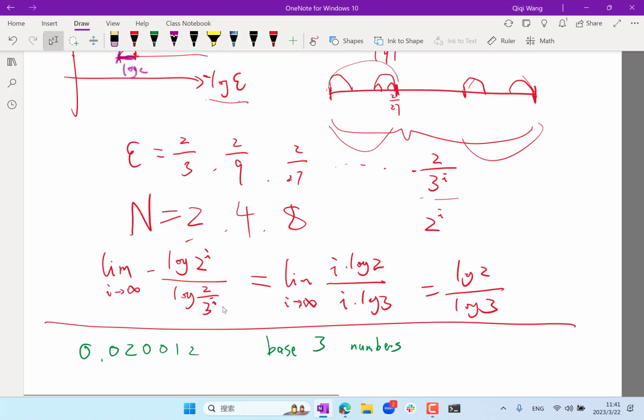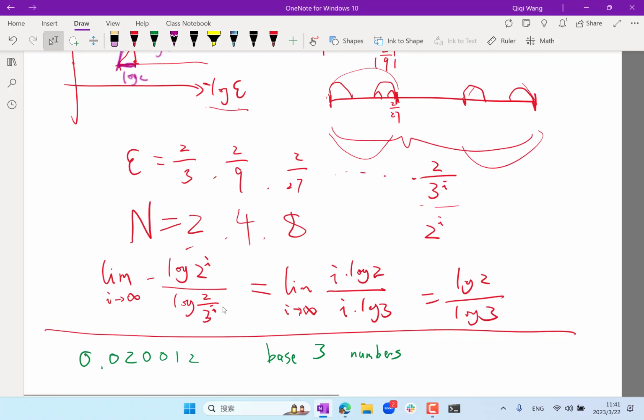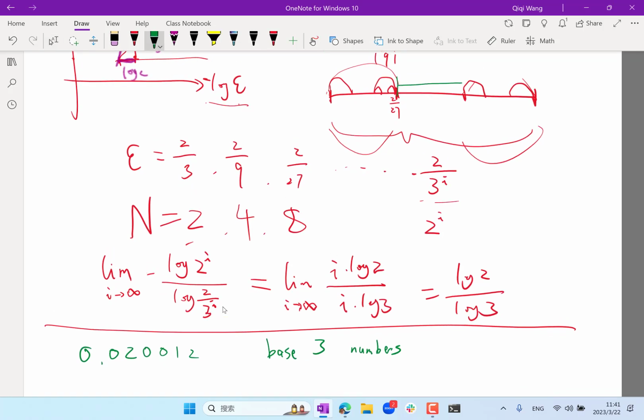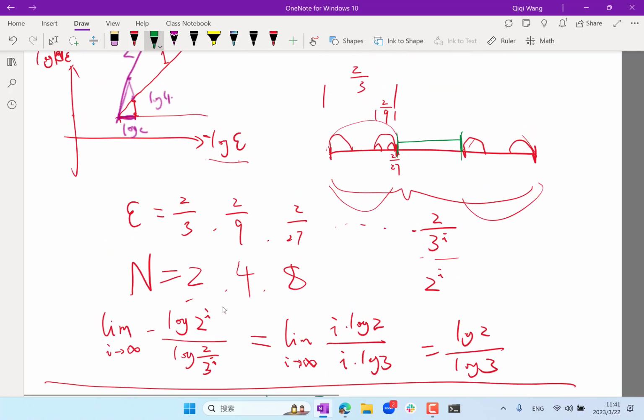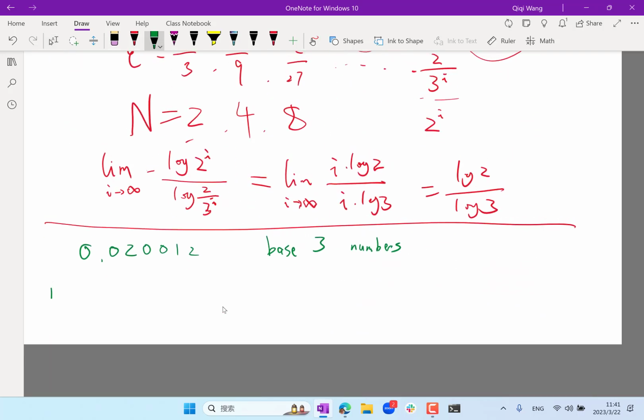So what do I mean by not allowing the digit 1? Let's say, instead of looking at the domain from 0 to 2, let's look at the domain from 0 to 1. The whole region that lies between 1/3 and 2/3 is the number 0.1 something. So if you do not allow the digit 1 to appear, then this region is going to be excluded.